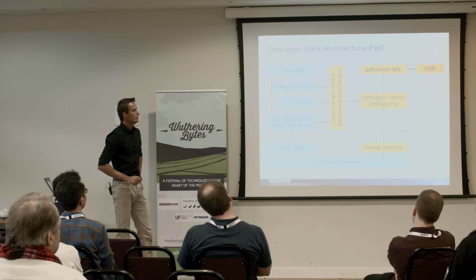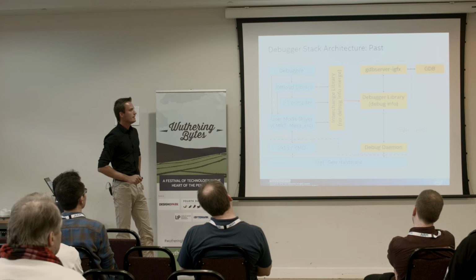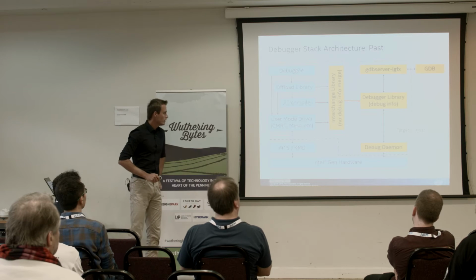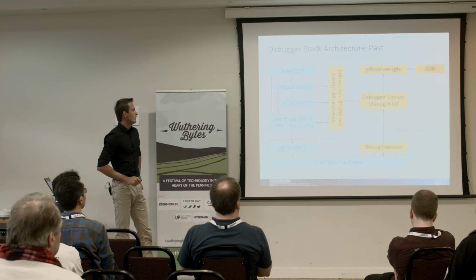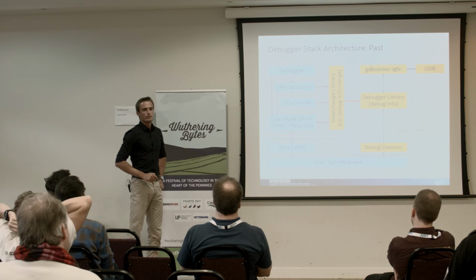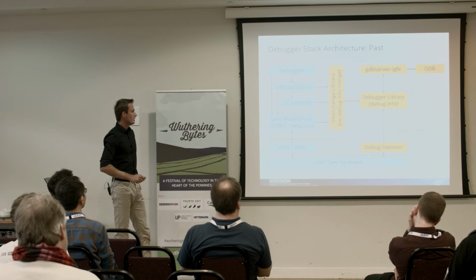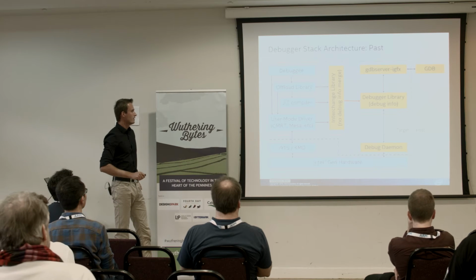And a lot of debug info-related magic was happening in this debugger library, so inside the debugger process. This red arrow here means that we were doing a lot of inter-process communication, so between, let's say, the inferior process and the debugger.